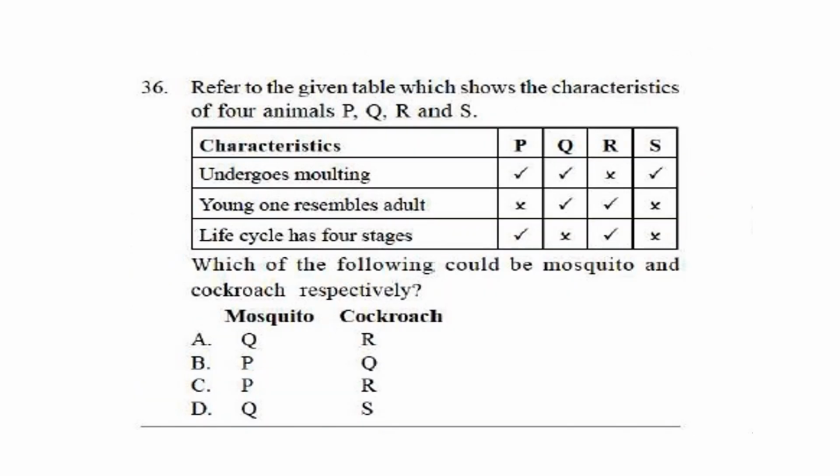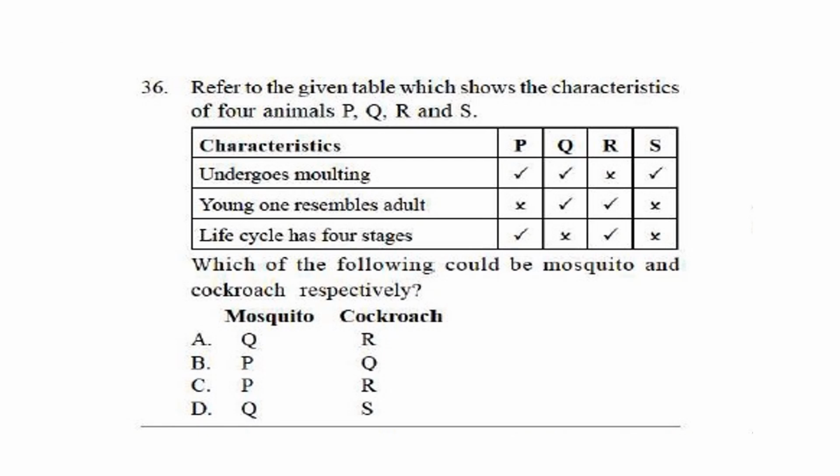Question number 36. Refer to the given table which shows the characteristics of 4 animals P, Q, R and S. Characteristics: undergoes molting, young one resembles adult, life cycle has 4 stages. Which of the following could be mosquito and cockroach respectively?